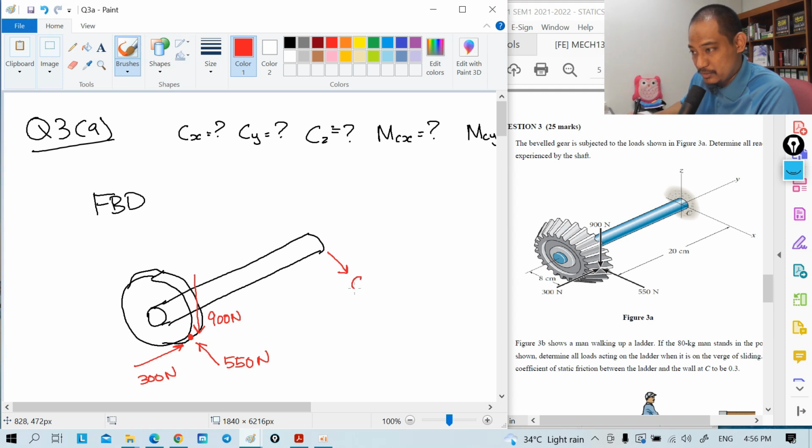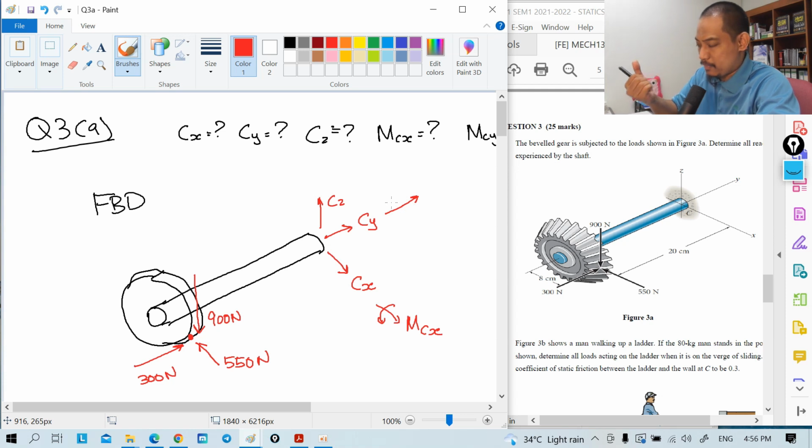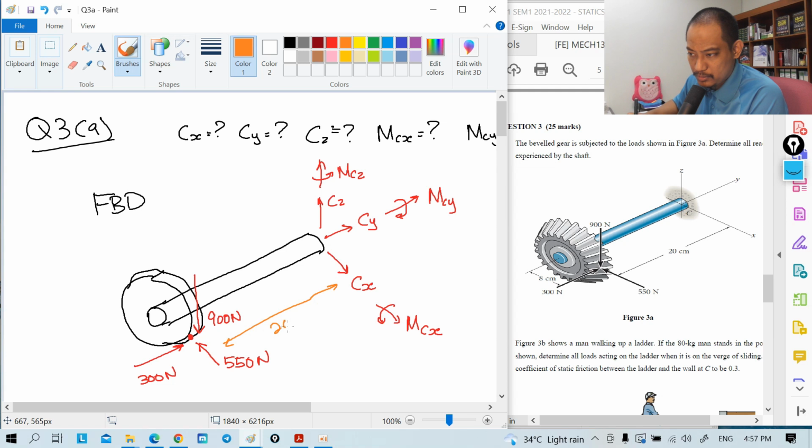So you have Cx, Cy, Cz, Mcx, Mcy, Mcz. Is there any dimension? 20 cm, so this distance is 20 cm and this distance is 8 cm.